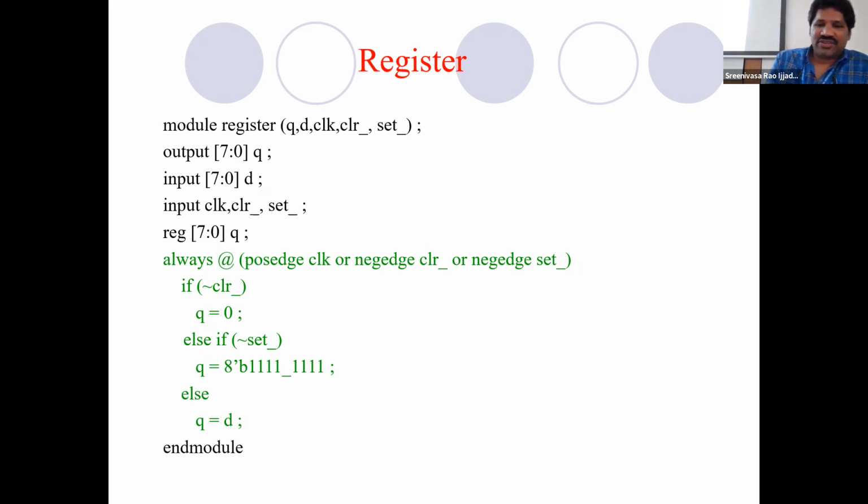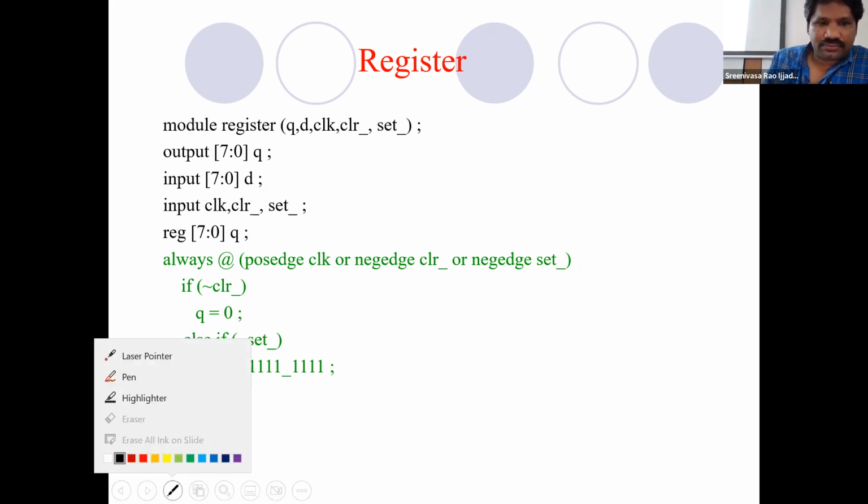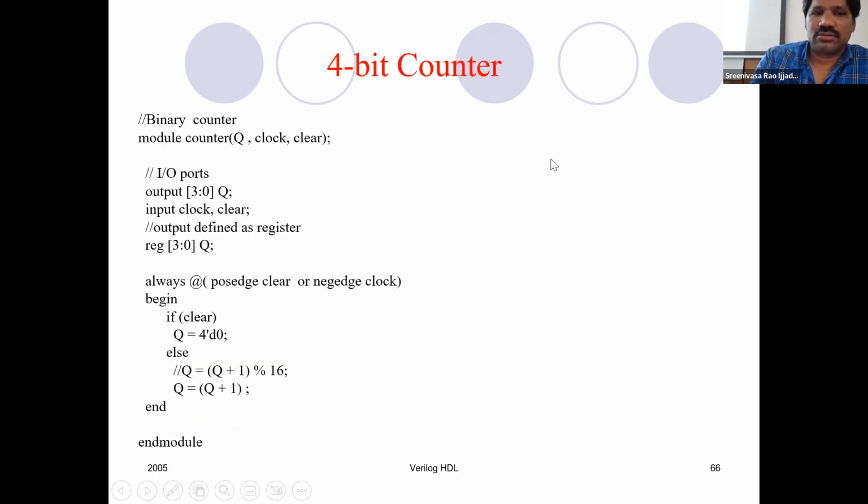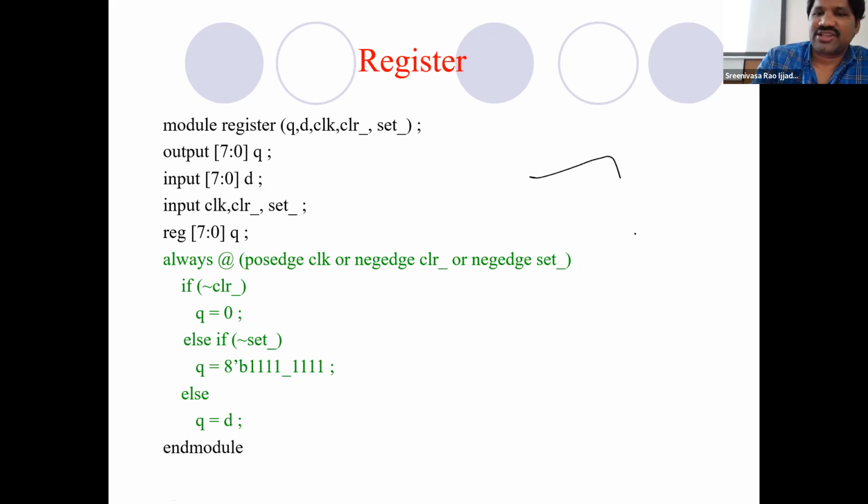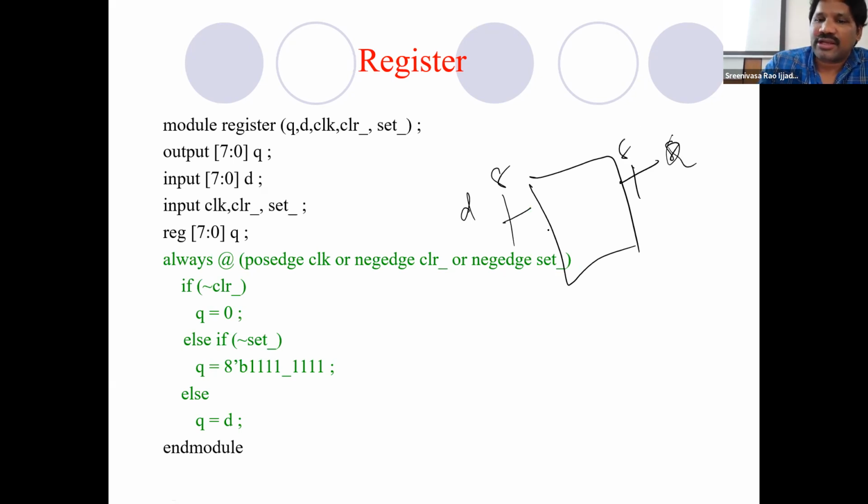So this is my register, an 8-bit register. It has an 8-bit D input and an 8-bit output, Q. And clock is mandatory, that is the clock.